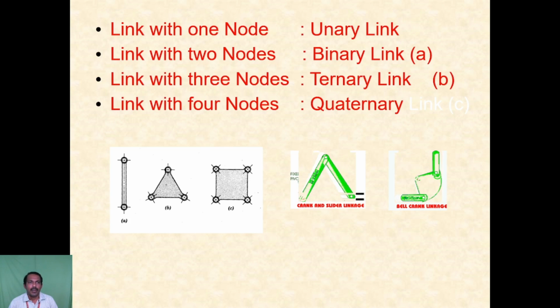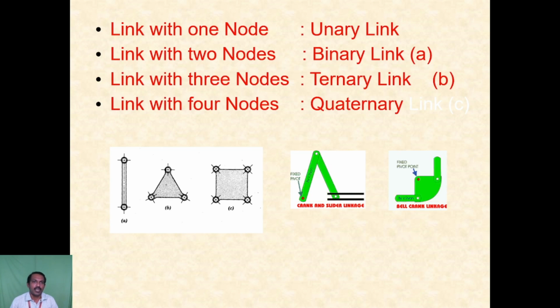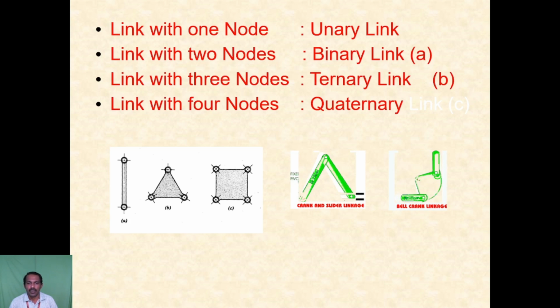Here, a link can have one node, two nodes, three nodes, or four nodes. The first one has one node. A has no extra node, and a binary link. So you see the diagram: A is a binary link, B is a ternary link, and C is a quaternary link. A binary link has two nodes, ternary 3, quaternary 4.